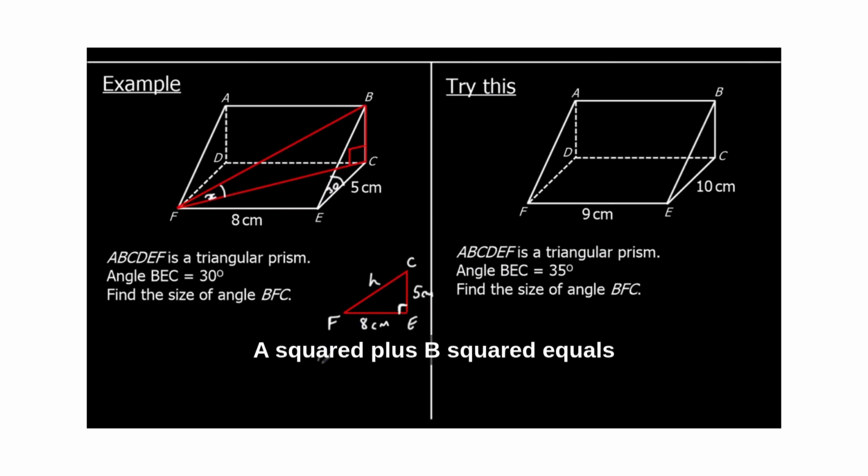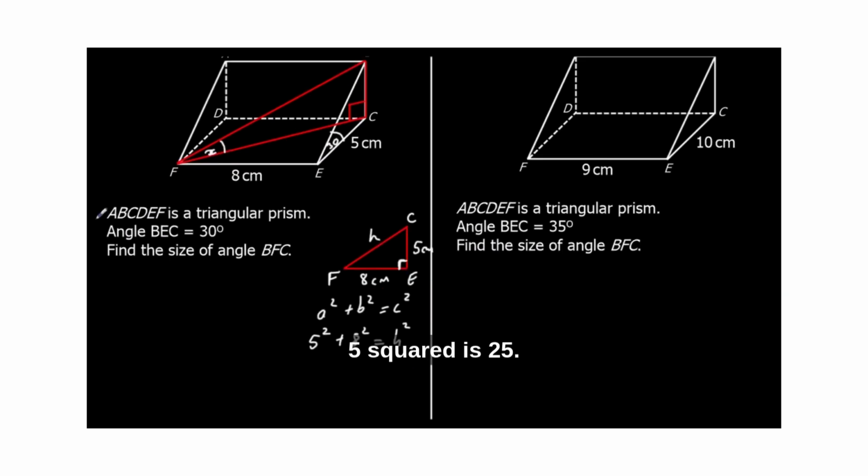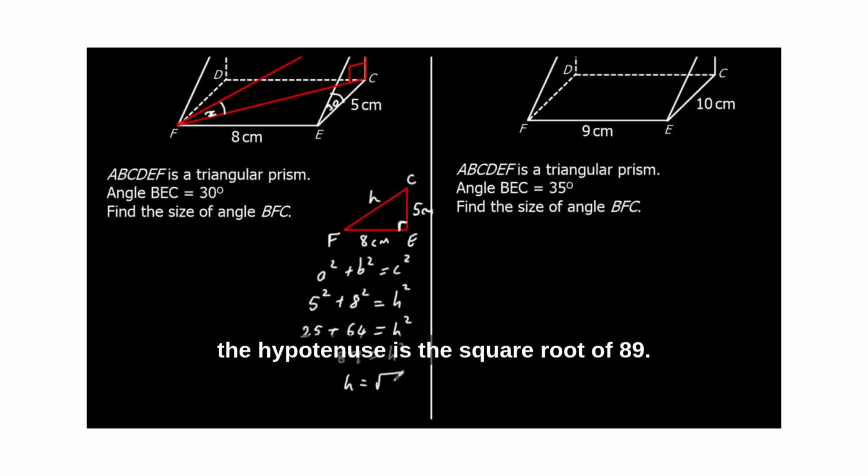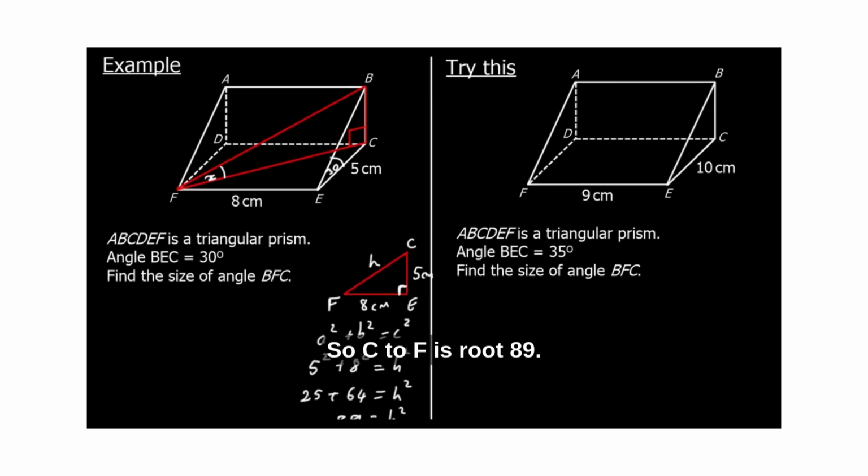So 5 squared and 8 squared equals the hypotenuse squared. 5 squared is 25. 8 squared is 64. 25 and 64 make 89. So h squared is 89. So the hypotenuse is the square root of 89. So C to F is root 89.